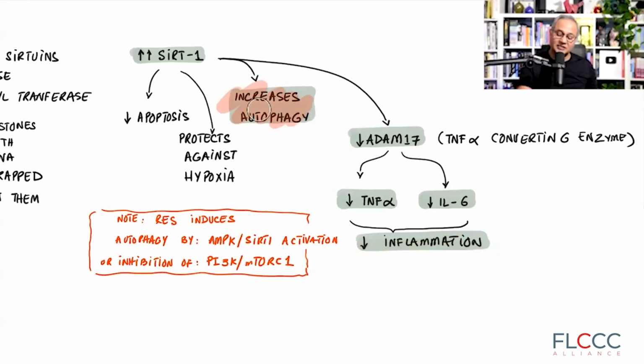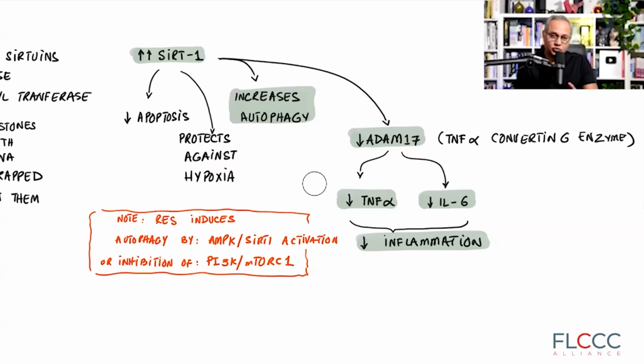Another function is that SIRT1 improves autophagy by modifying the gene expressions in favor of those genes that would help produce enzymes that trigger autophagy. But not only that, resveratrol would reduce apoptosis. Apoptosis is the death of the cell. We do not want cells to just start dying. So let's say there are cells that have spike proteins. We don't want those cells to just start dying.